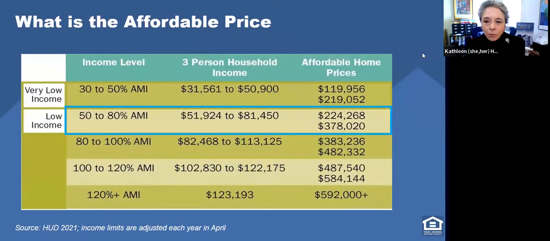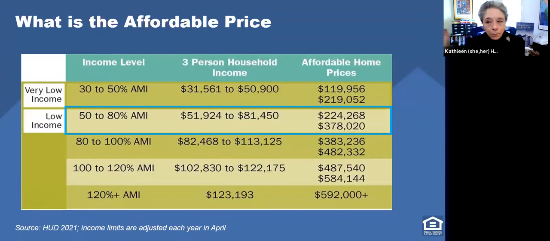So the prices that are affordable to the income category we serve, 50 to 80% AMI. You can see on this slide that the range from 50 to 80% AMI for a 3-person household is somewhere between $52,000 and $81,000 a year annual salary. And the home price that's affordable to a 3-person household with that income ranges from $224,000 to $380,000 about.